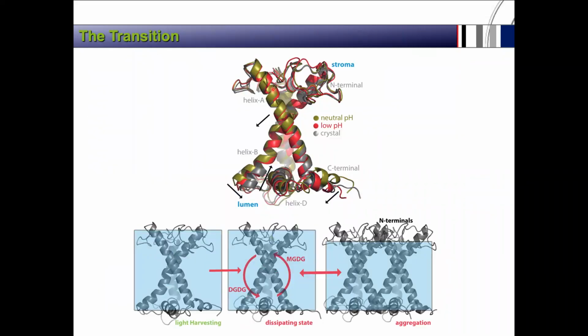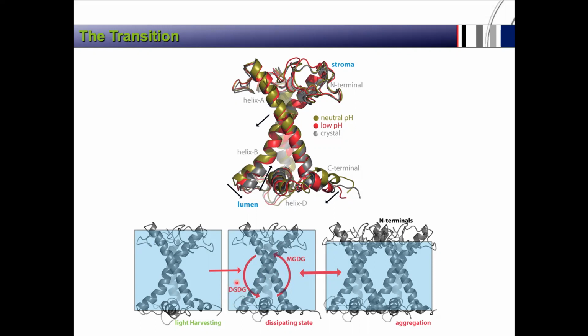These are the details of the shape change of the antenna, moving from the light harvesting to the dissipating state. There is a delicate interplay between two thylakoid lipids, like the diacylglycerol lipid and this monogalactosyl diacylglycerol lipid.